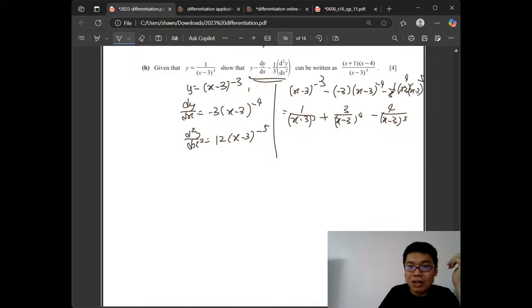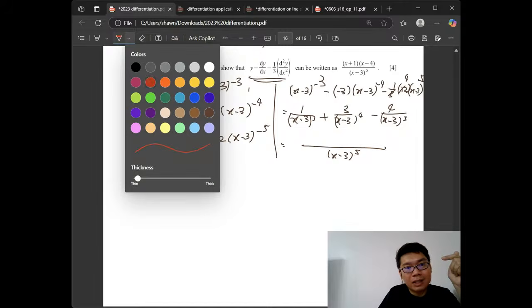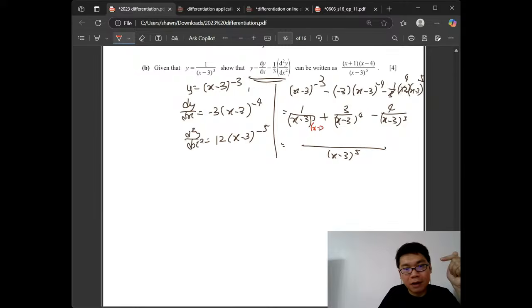And then to join them into a single fraction, all of the denominators must change to (x minus 3) power 5. So obviously this part I need to times (x minus 3) power 2 on up and down. Here I need to times (x minus 3) on up and down. So this part will become x squared minus 6x plus 9.